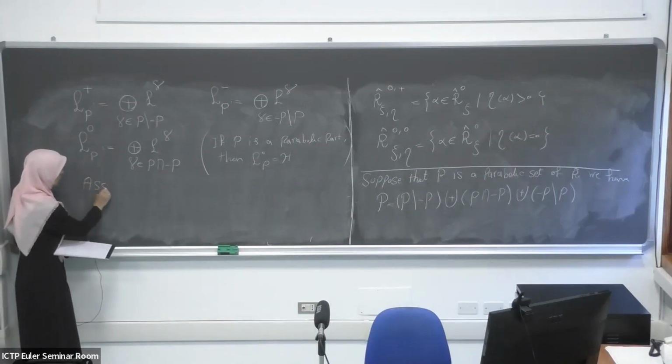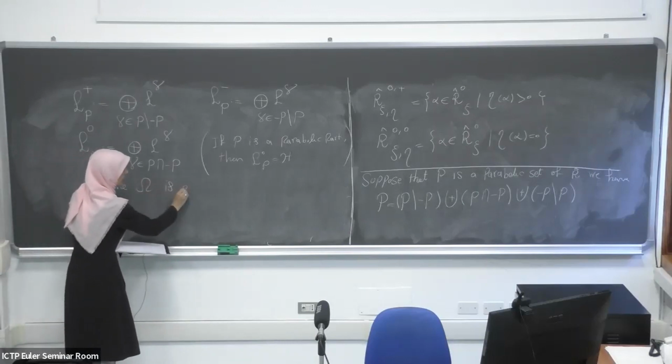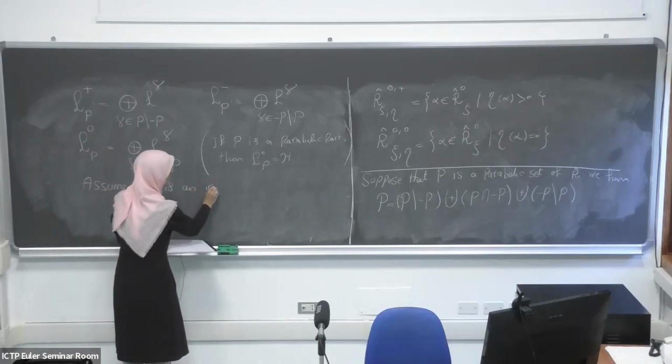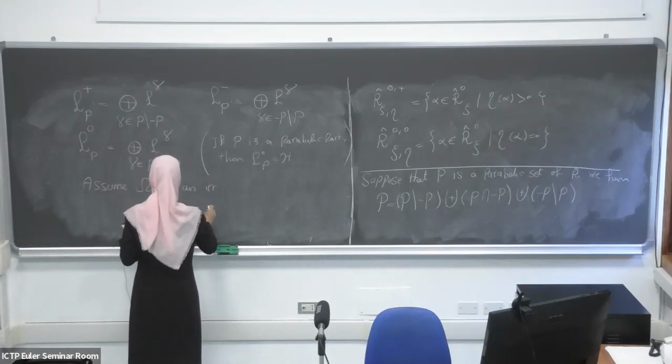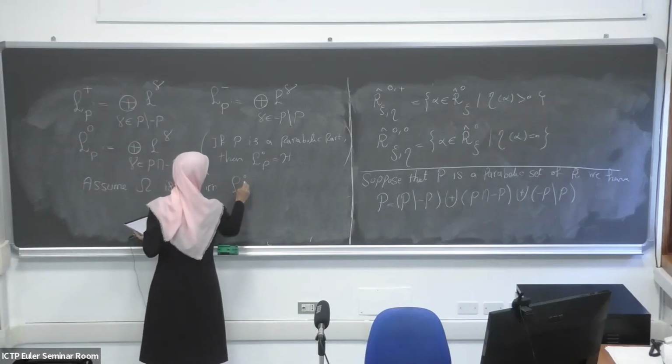Assume omega is an irreducible L null P module.